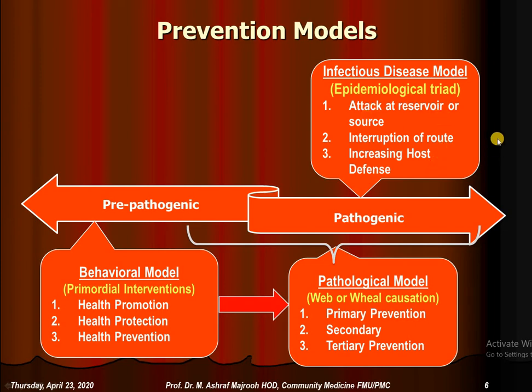So these prevention models will be used where they are appropriate, mostly the infectious disease model for infectious diseases, and this model is most appropriate for non-communicable diseases, mainly in the pre-pathogenic phase as primordial prevention.